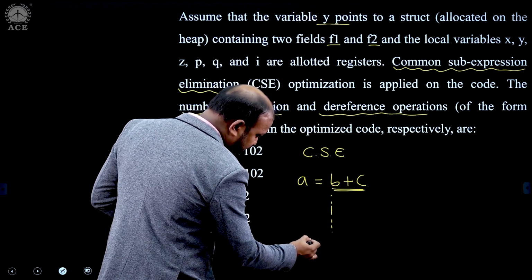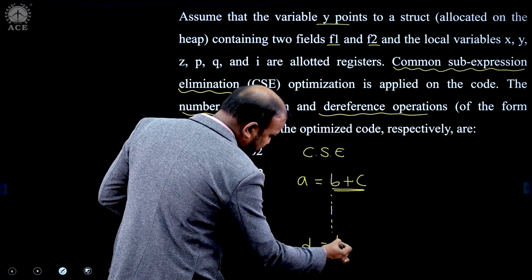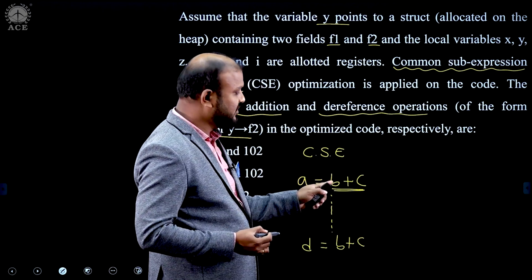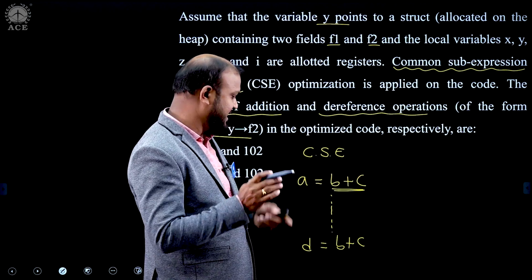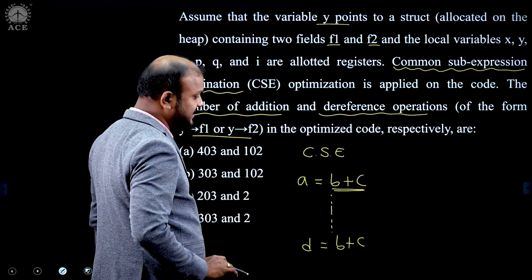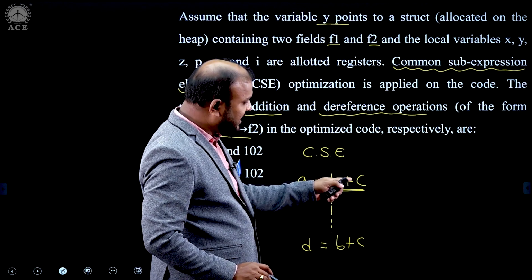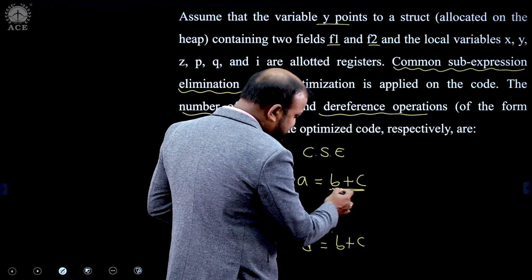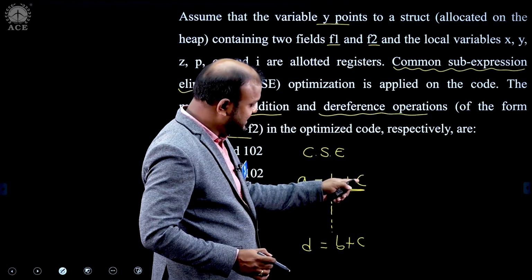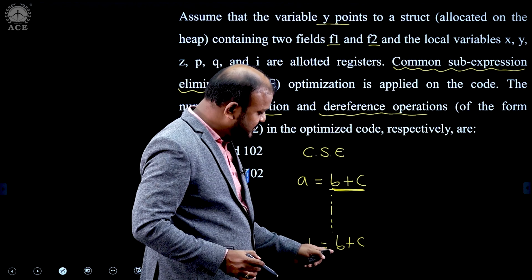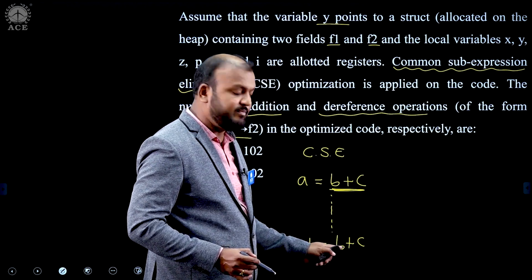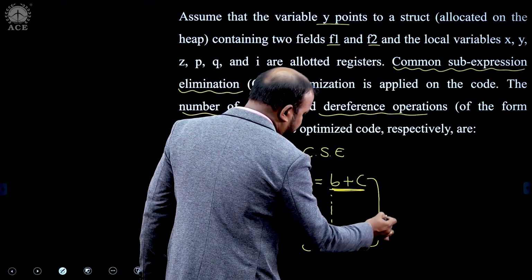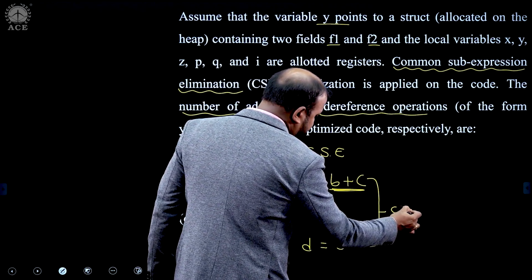Here we have one more statement, D equal to B plus C. Between these two statements, neither the value of B nor the value of C is changed, or we can say redefined. Because the value of B or C is not changed, whatever value results from the computation of B plus C, the same value you can expect for the computation of B plus C here. Then we call this B plus C a common sub-expression.